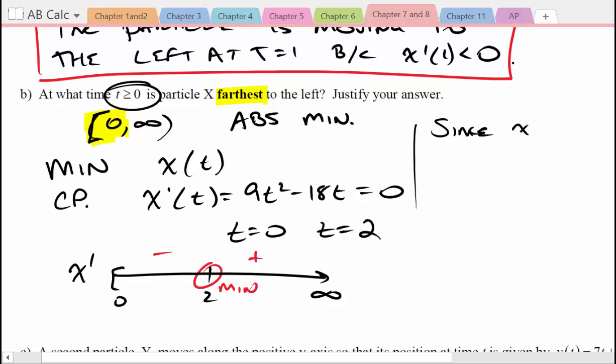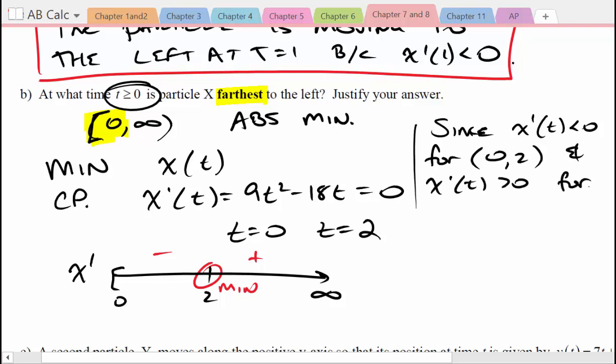Since x prime of t is less than 0 for the interval 0 to 2, and x prime of t is greater than 0 for the interval 2 to infinity, notice how based on the two intervals, if I look at them together, I've covered every single point on the graph.